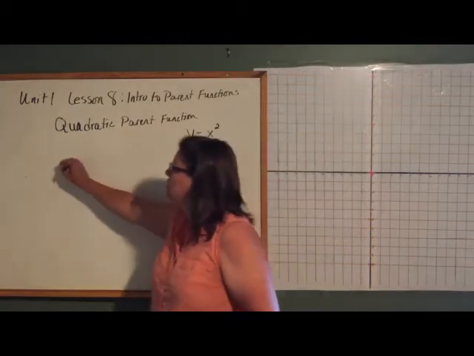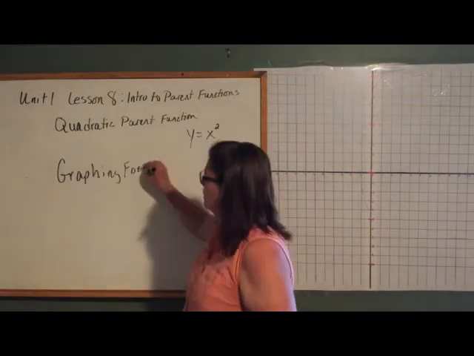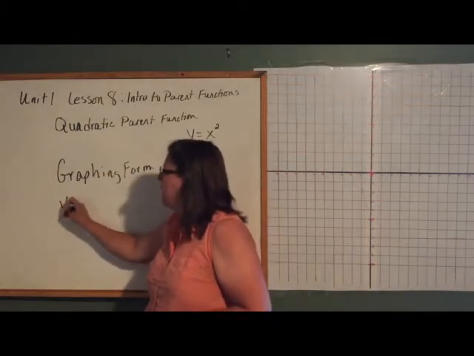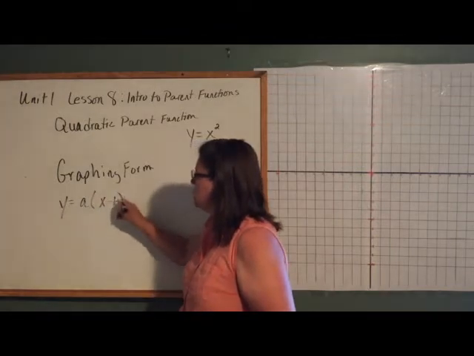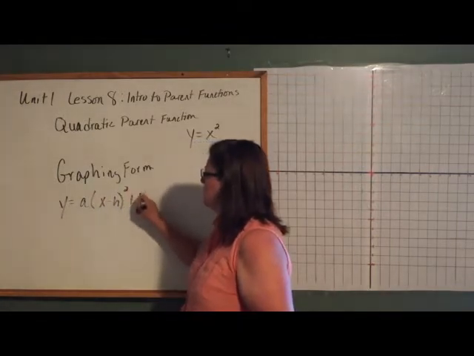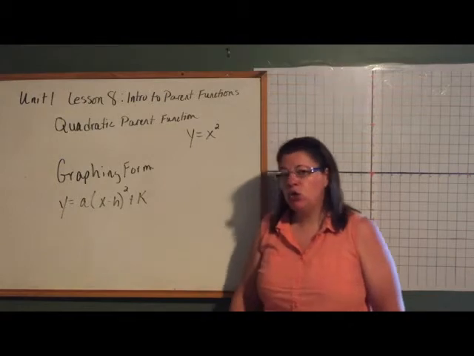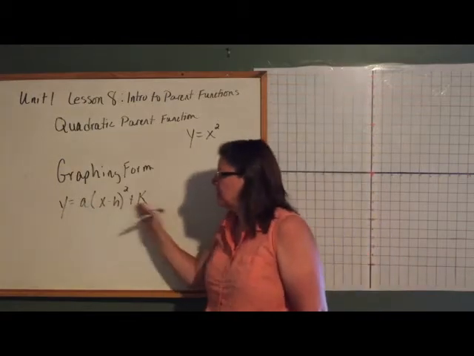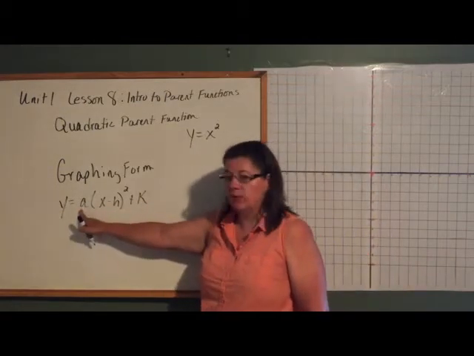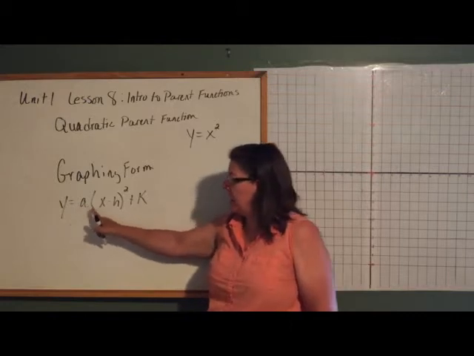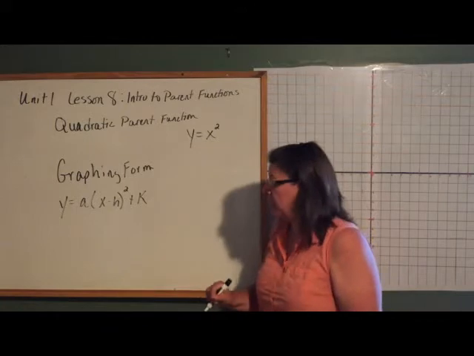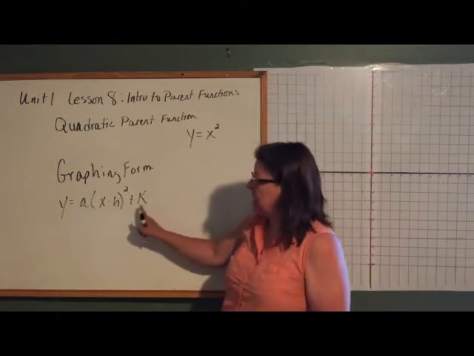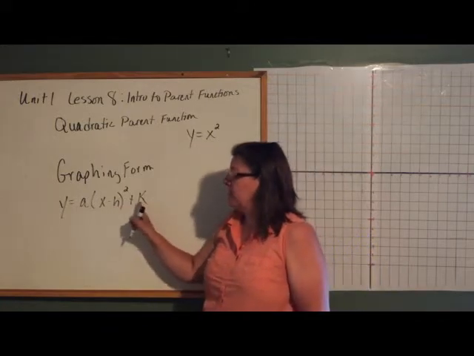So graphing form, let me just write that up here, is y equals a times (x minus h) squared plus k. Now, when you have an equation that looks like this, a is going to be a number in front of your parentheses. x and y are the x, y coordinates of the ordered pair. h and k are going to be the vertex.